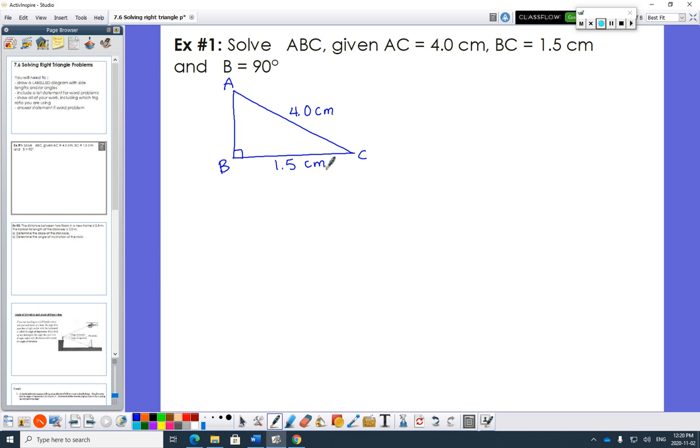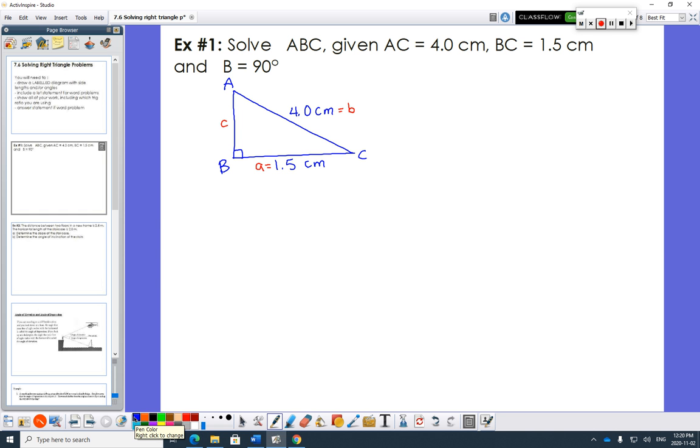So another way you can do this is that this side is a, across from angle B is b, and then this is side c. You can use x, you can use theta, it doesn't really matter.